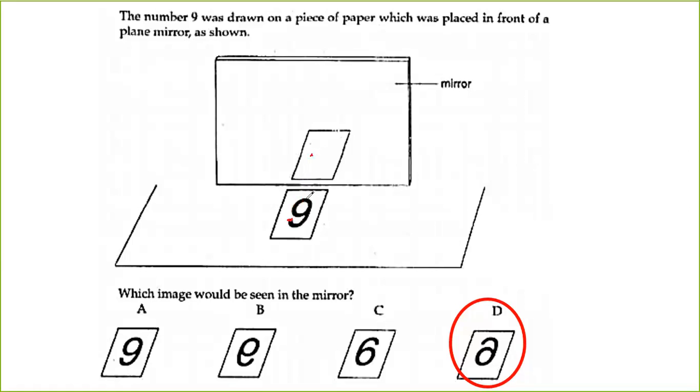If I take this point and I transfer it over, it's going to end up right about here. If I take this point and I transfer it over, it's going to end up right about there. And if I do that for every little point on this shape, eventually I'm going to be able to trace it back, and I'm going to get this image right here. Okay?